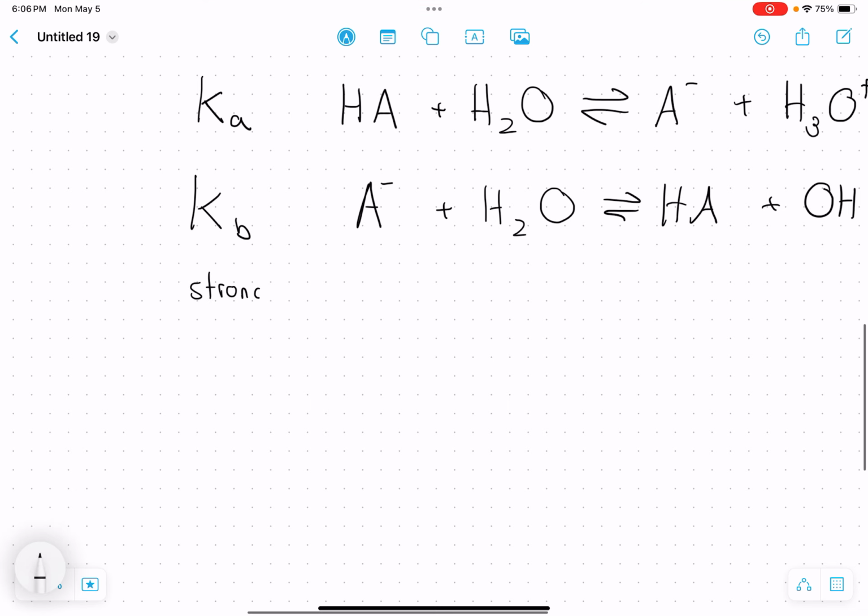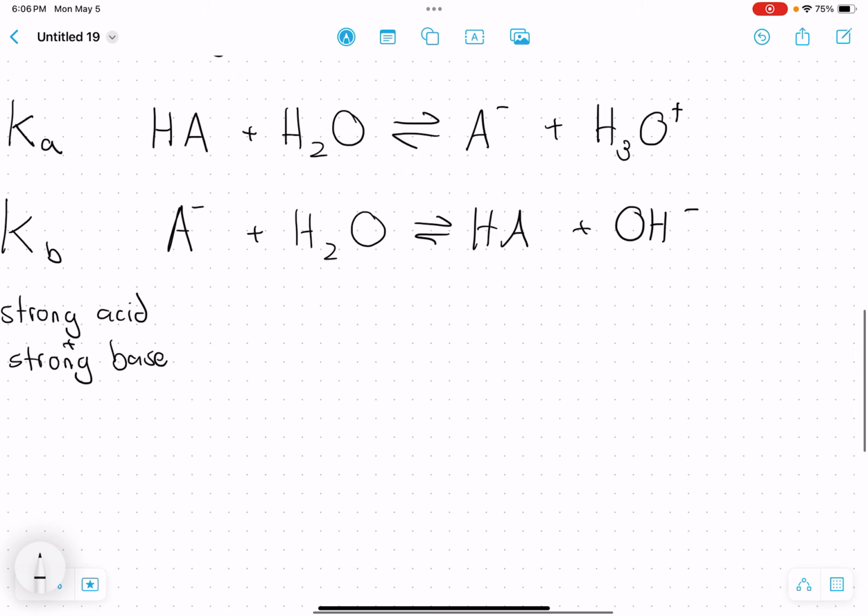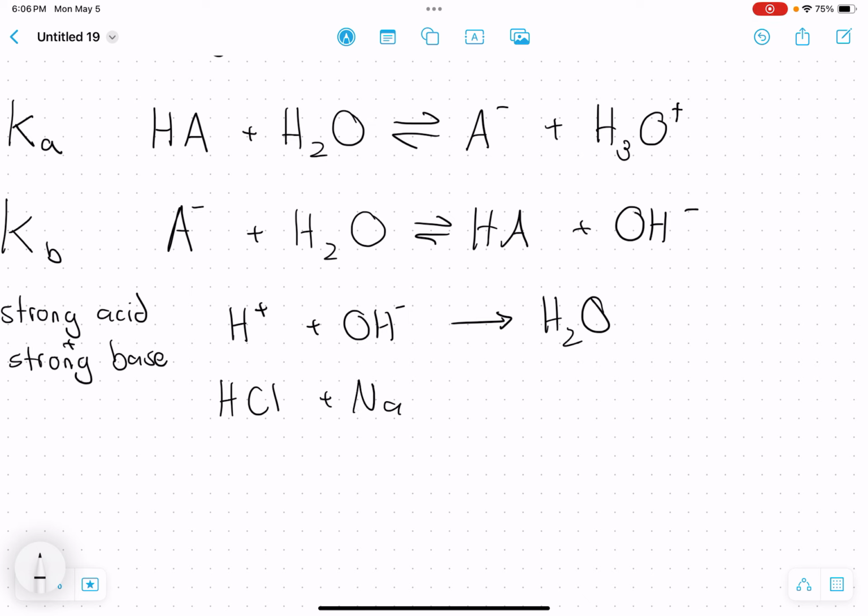So strong acid and strong base, that would just be H plus and OH minus makes water. Now technically those come with other things, right? Like let's pretend this was HCl and NaOH. We would still make water.